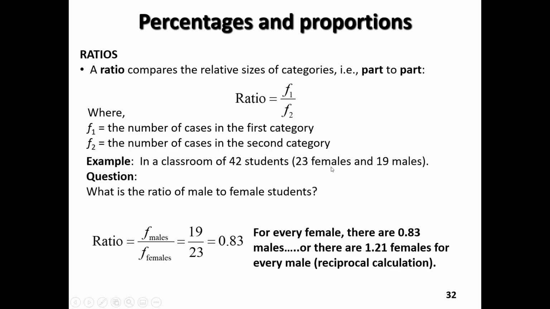So the number of females, by looking at the raw data, clearly outnumber the males in this particular class, but the ratio provides us with a more precise indication numerically of the degree of difference between the two categories of students. And that leads to the next variable called a rate.